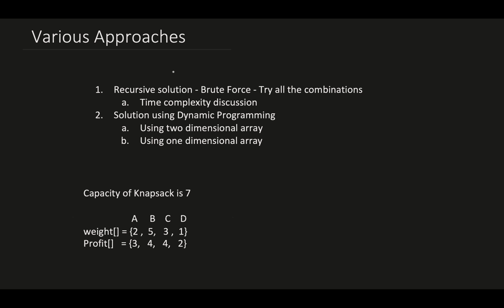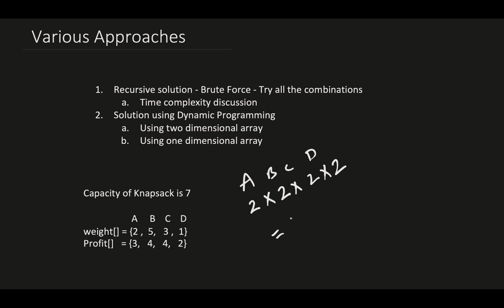Yeah, now we will discuss the various approaches to solve this problem. So the first one is the brute force approach. That is, you need to try all the combinations. For example, in the given problem, we have these four items A, B, C and D. For every item there are two options: for A, either choose A or reject A. Similarly you have two options for B, two for C and two for D, either to take it or reject it.